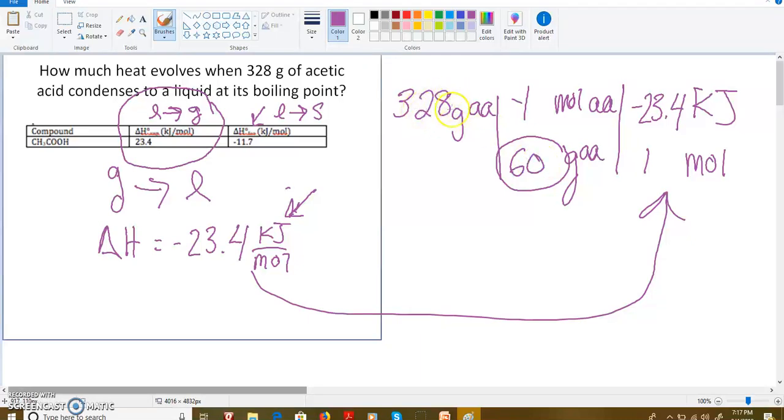And so all I have to do is calculate that out, and I have how much energy it takes to condense gaseous acetic acid to liquid acetic acid.